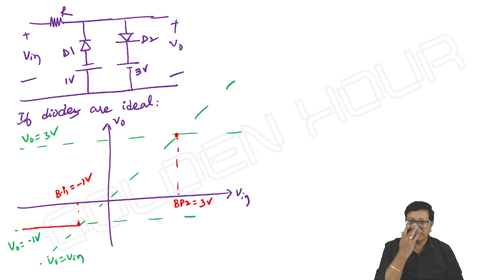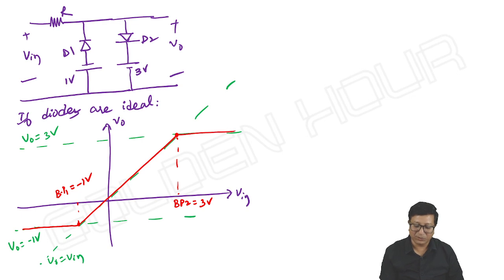And input is in between minus 1 and 3, output is equal to input. And input is greater than 3, output is equal to 3 volts. That's it. This is how we can write it. Once you know these two values, based on that, we can write it.